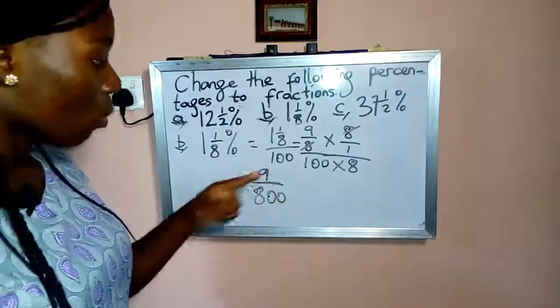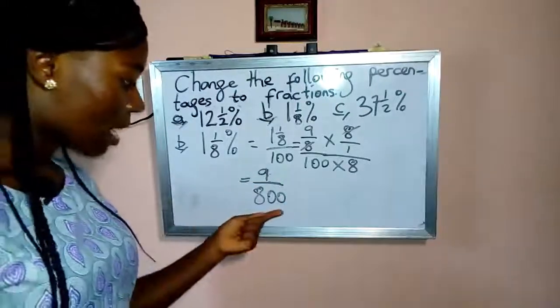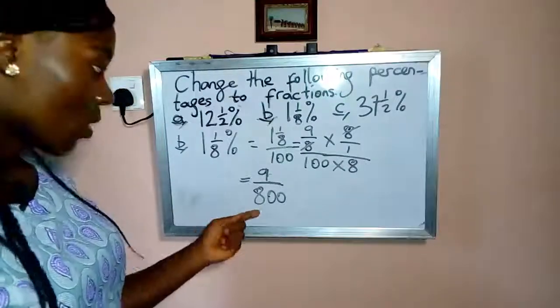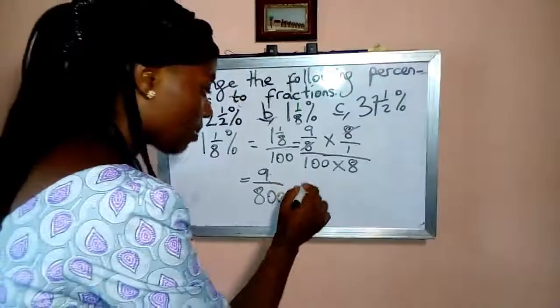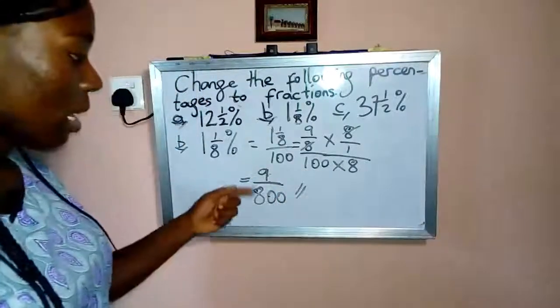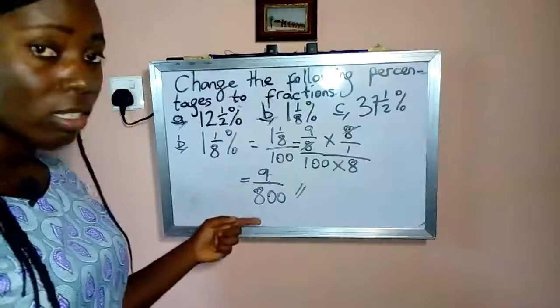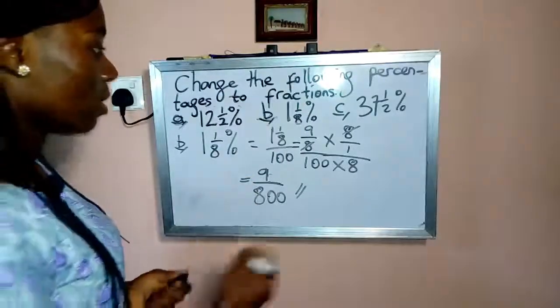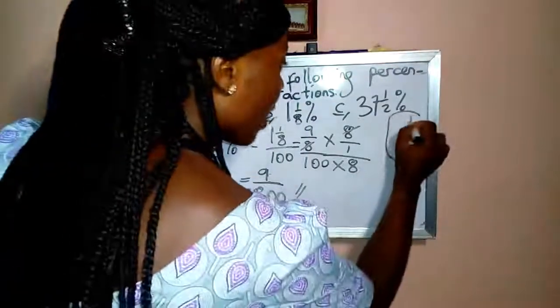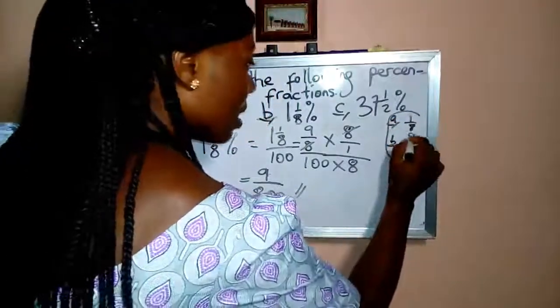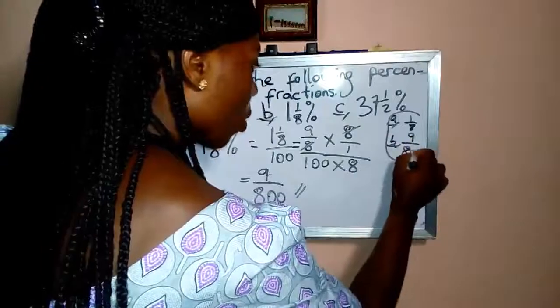But this is 800. This is an odd number, this is an even number. So I'll pick that as my final answer. No number can go into both of them without a remainder. So we have achieved this. For the first one, our answer was 1 over 8 for A. For B, our answer now is 9 over 800.